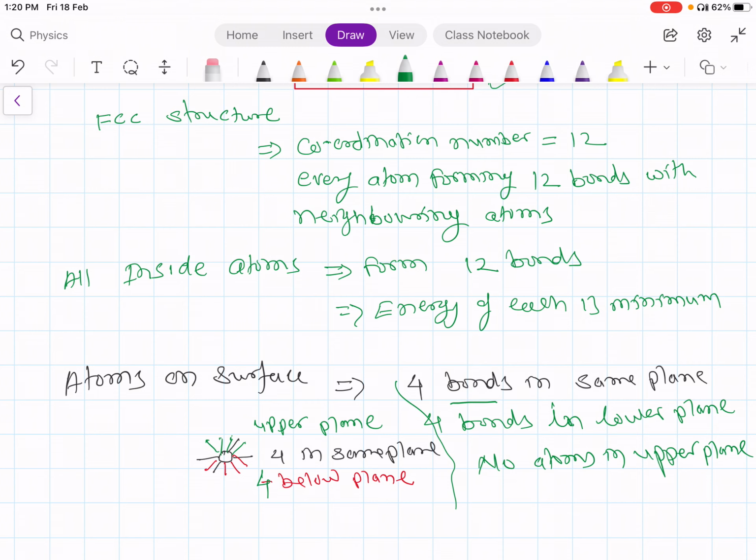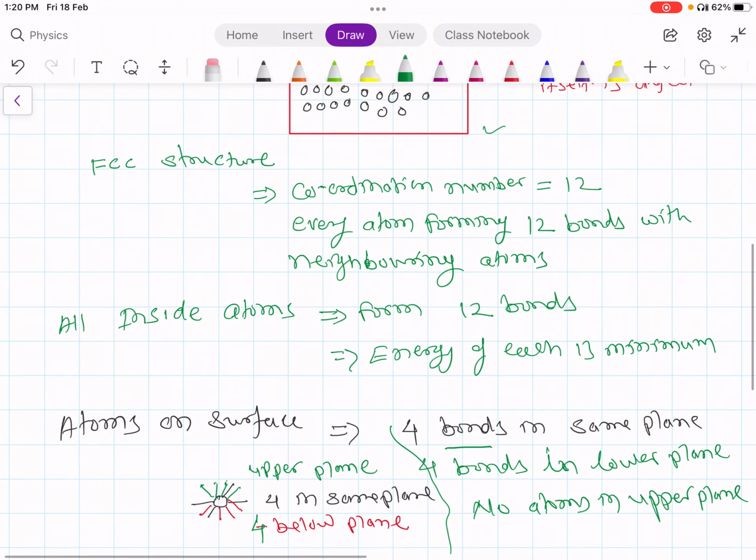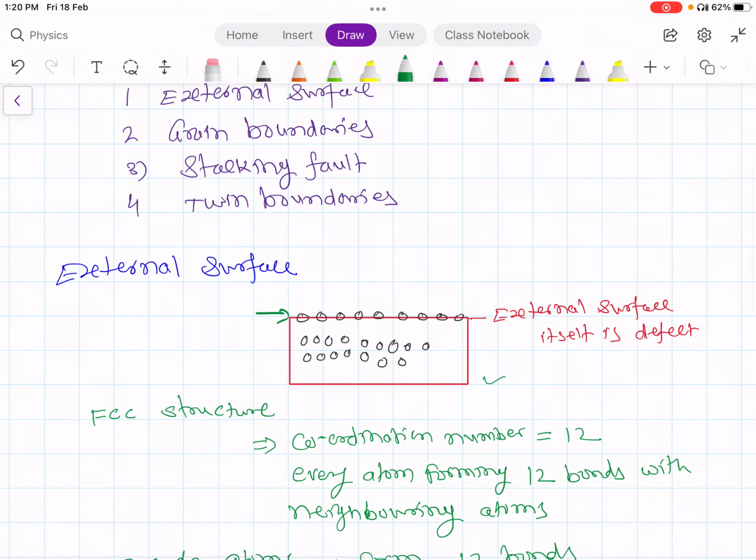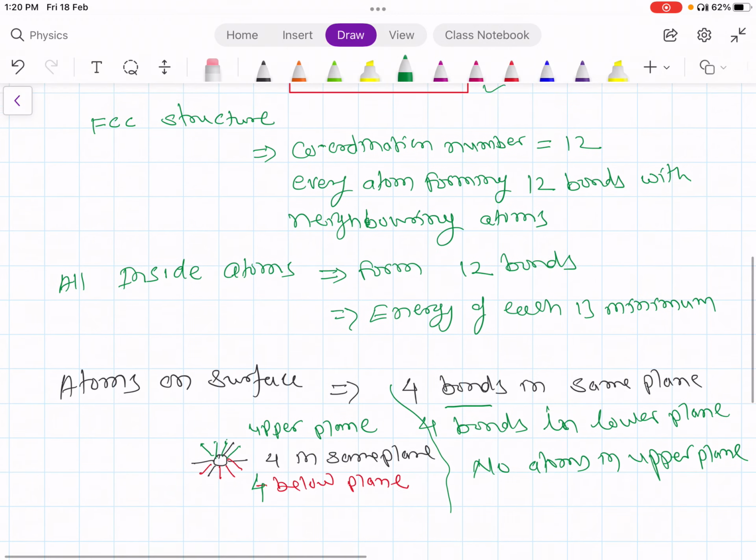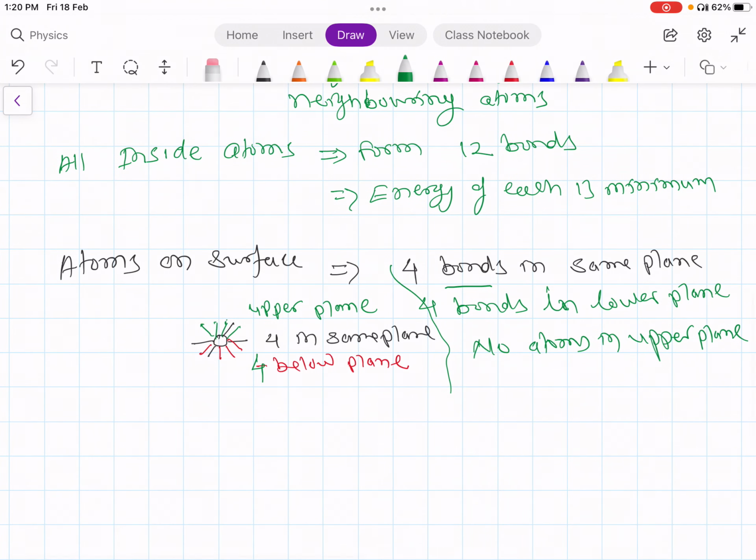So out of 12, as you can see in this example, only 8 bonds will be formed by that particular atom on the surface with the neighboring atoms. So 4 bonds are free bonds there. And so the atoms will have more energy.